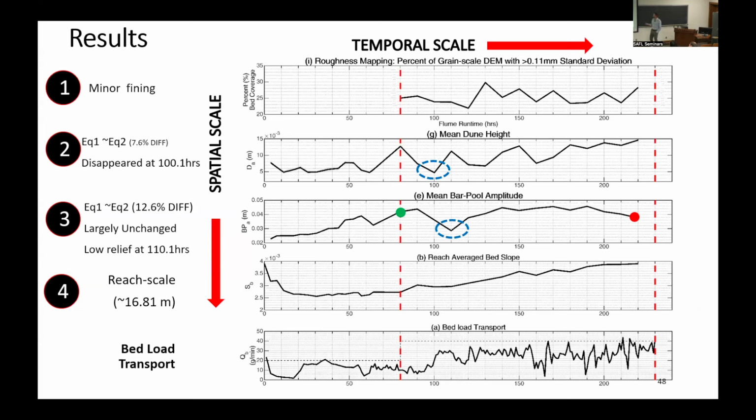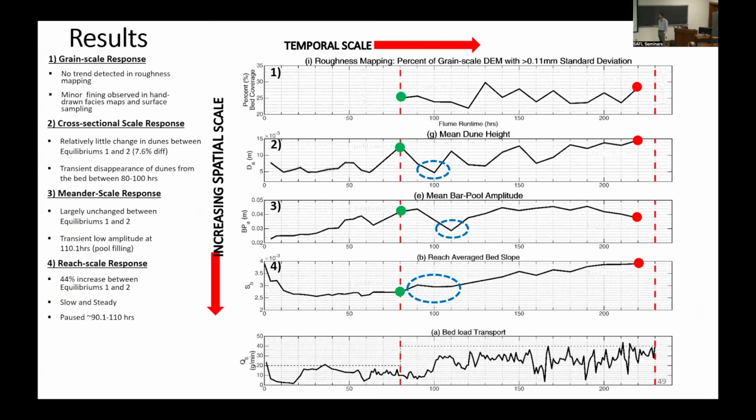So we initially had a dune response, then we had a bar pool response, but the bar pool amplitude also came back to approximately its pre-sediment supply increase value by the end of the experiment. And then finally, if we look at the reach average slope, it increased dramatically, 44%, going from the end of phase 1 to the end of phase 2. So that was the dominant overall response for this channel geometry.